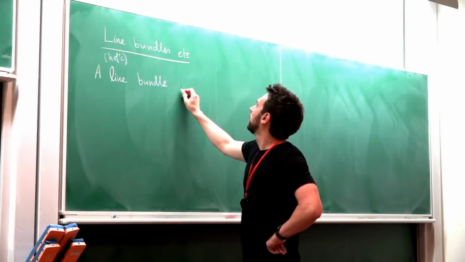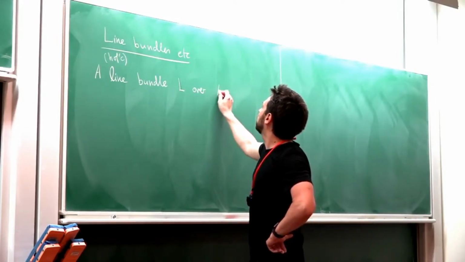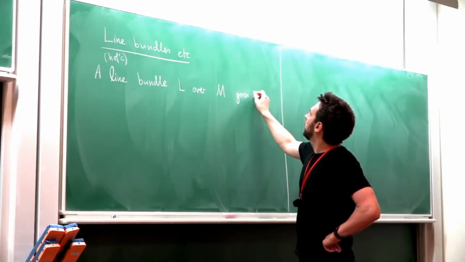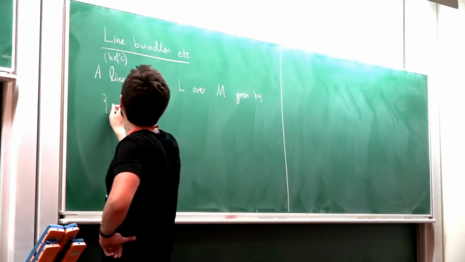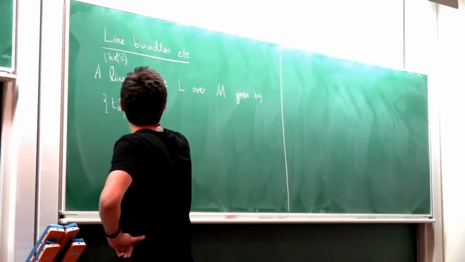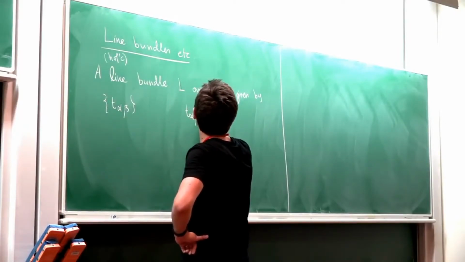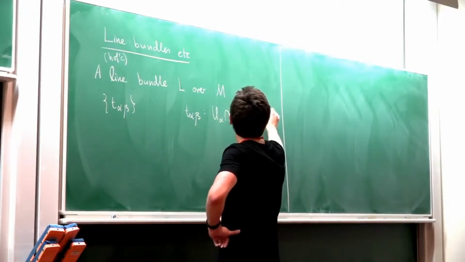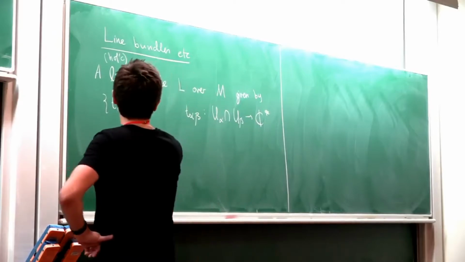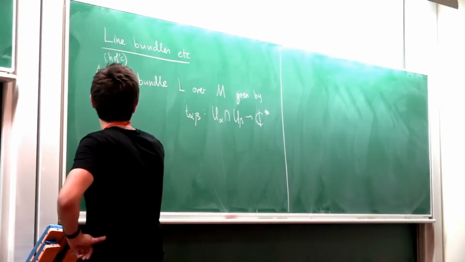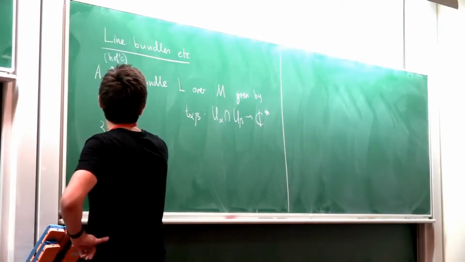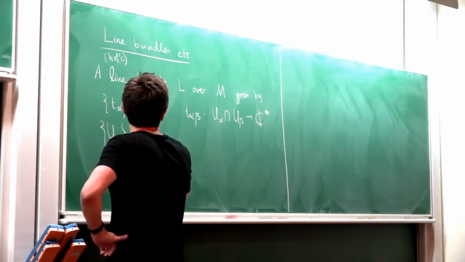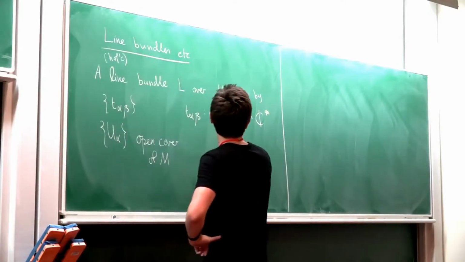A holomorphic line bundle L over M, let's take M to be a Kähler surface, is given by a set of transition functions T alpha beta, which are maps from U alpha intersection U beta to C star, where U alpha is an open cover of M, and these are holomorphic.